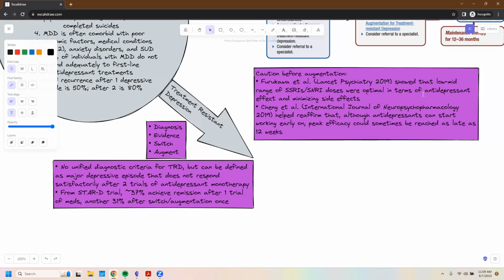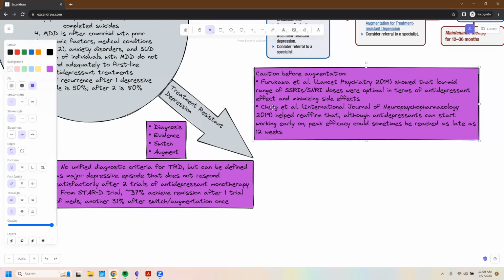So that could be an area where you could think of either switching outright after that, or you can just push the dose if that's something the patient wants. And Cheng et al. also helped reaffirm that although antidepressants can start working early on, peak efficacy could sometimes be reached as late as 12 weeks.